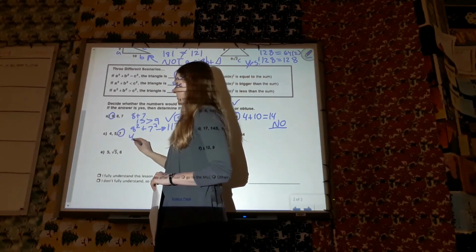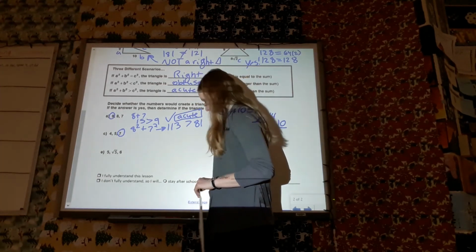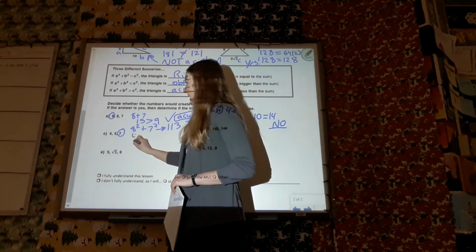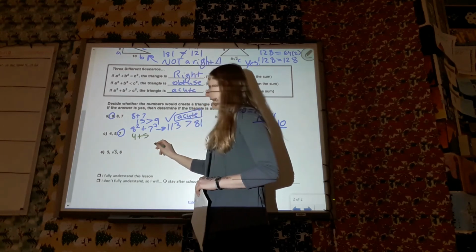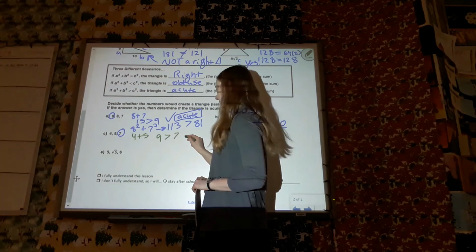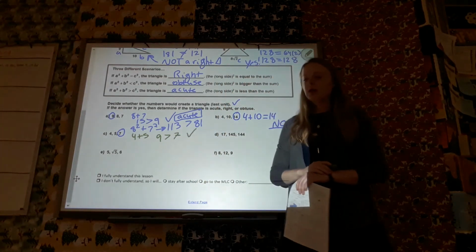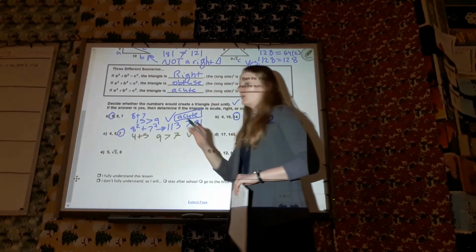So when I add 4 and 5, I'm going to use a different color just so the work doesn't get merged. So when I add 4 and 5, that is 9, and 9 is greater than 7. So yes, it is a triangle, because the sum of the two shorter sides is greater than the longest side.